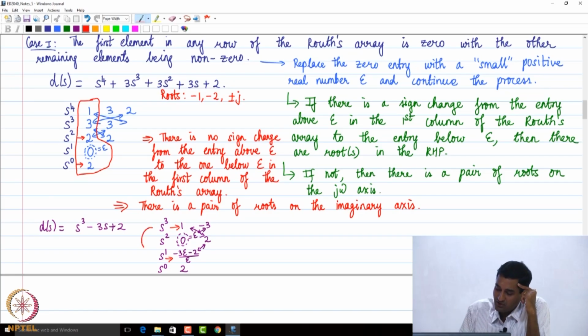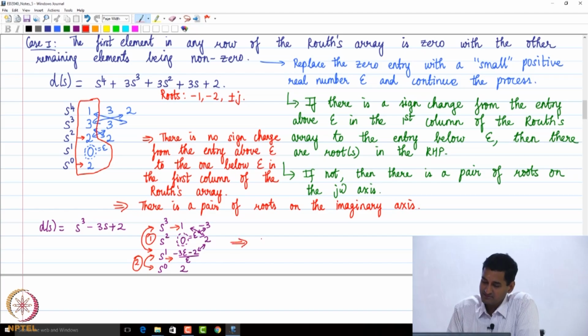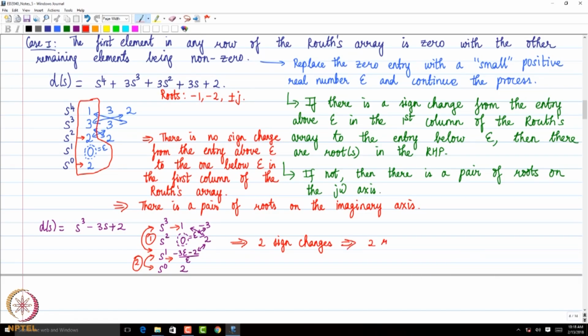That we need to count as one sign change. Then from the s power 1 row to the s power 0 row in the first column, is there another sign change? Yes, there is, because in the s power 0 row we have plus 2. So there are 2 sign changes. This implies that there are 2 roots in the right half plane, with the remaining root in the left half plane.